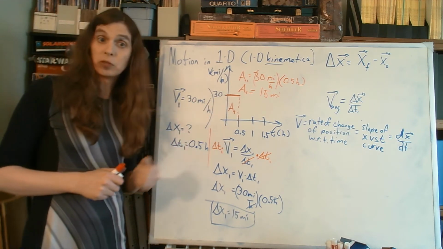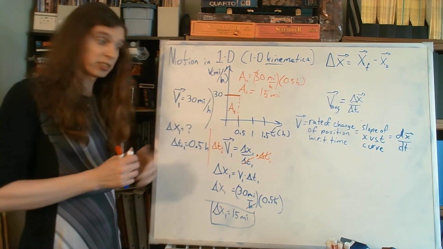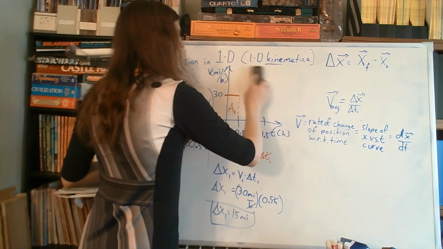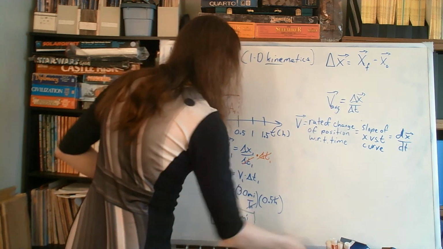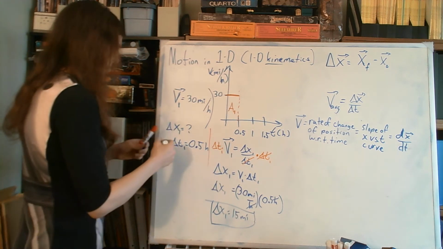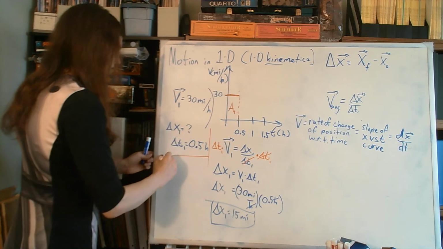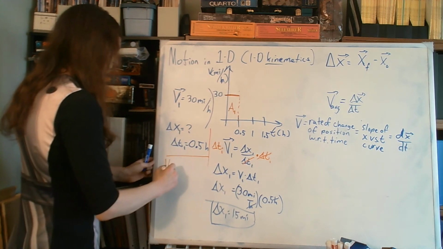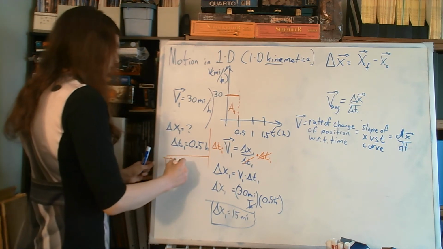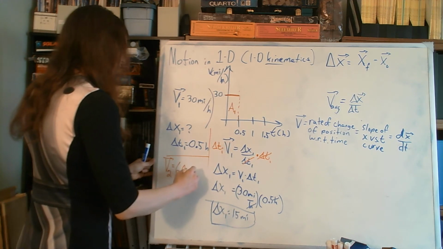Okay, let's do another. Let's do something attached to this. We want to change the velocity. So let me give us a little bit more space, and say that in the second leg of the trip, we get on the highway, we continue to go east, but now we're going to go at 60 miles an hour.